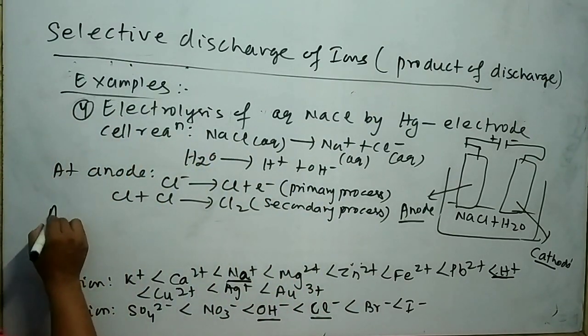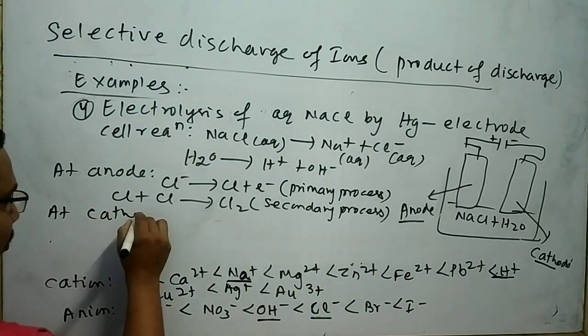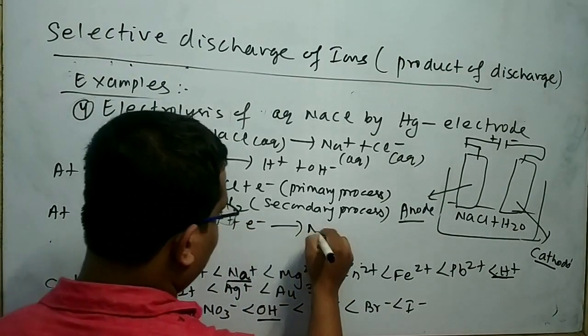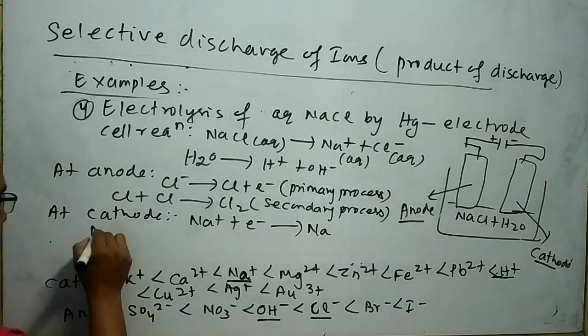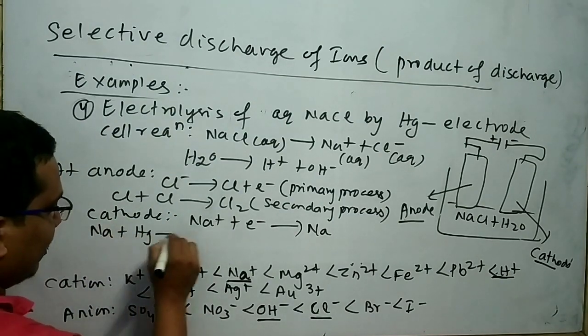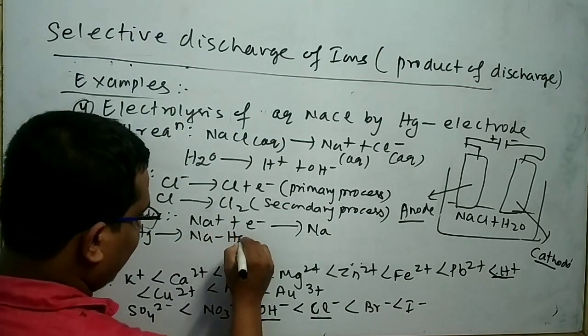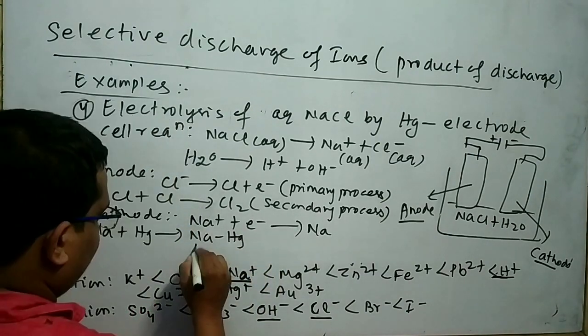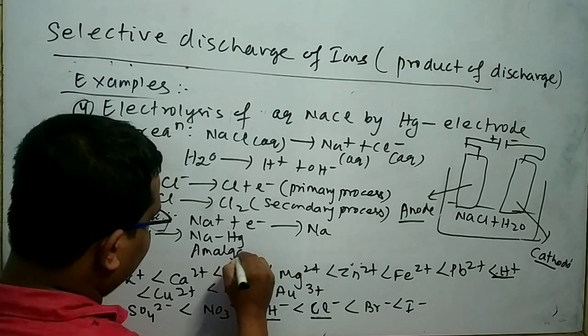So we can write at cathode Na plus electron gives Na, then Na plus Hg gives NaHg amalgam, that is sodium amalgam. This is your amalgam.